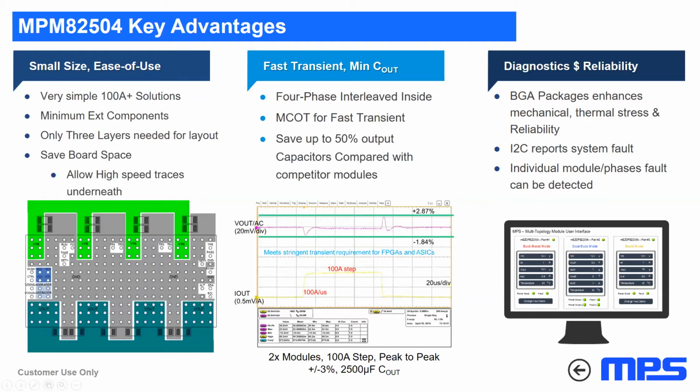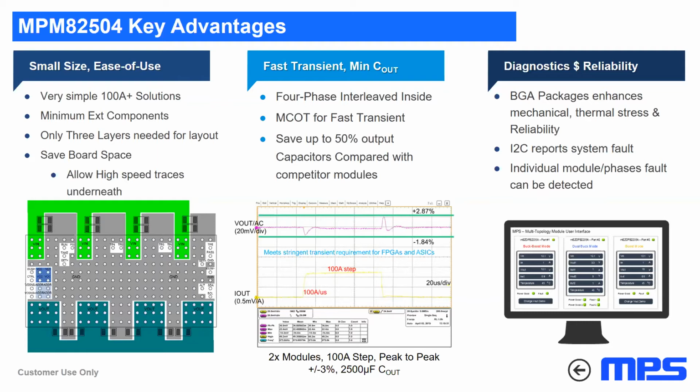So not only do you get the flexibility of the rails, where you can combine the quad output rails into any configuration you want, but now you can get current monitoring, temperature monitoring, and voltage monitoring on all those rails. Your SoC can read those back through PMBus, and you can dynamically manage your system better.